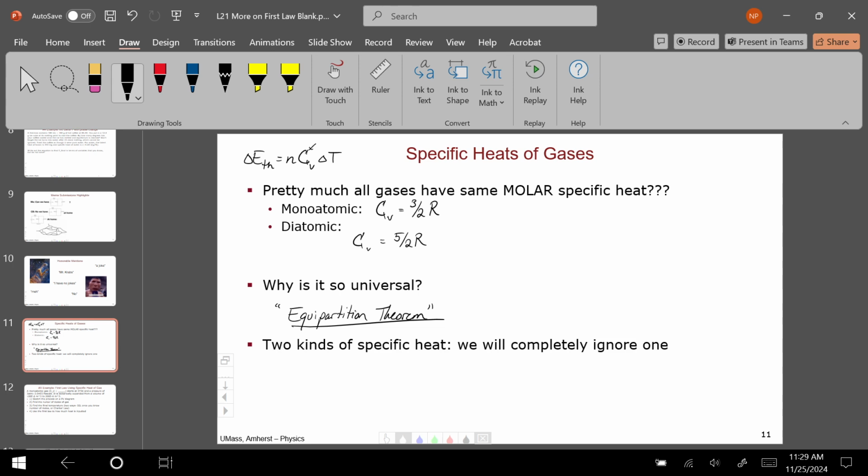And what the equipartition theorem says, and I'll have to explain the terminology, is that each degree of freedom, so that's what DOF stands for, degree of freedom, an atom or molecule has is equivalent to contributing 1/2 times the gas constant to capital CV.